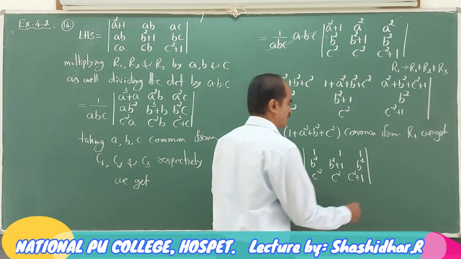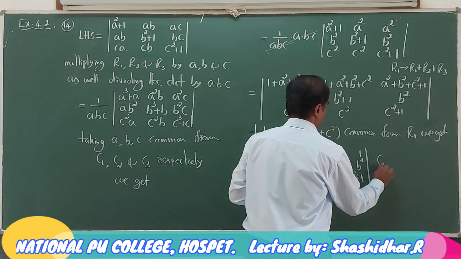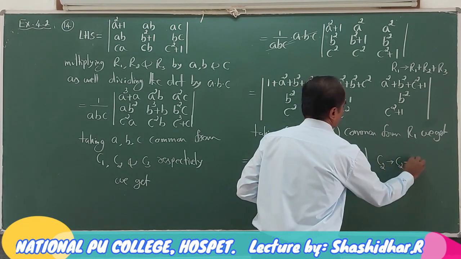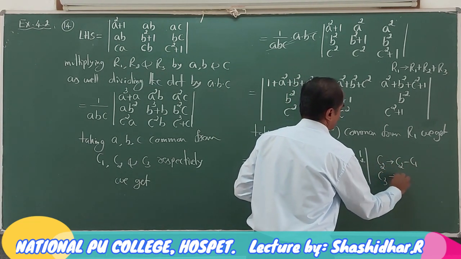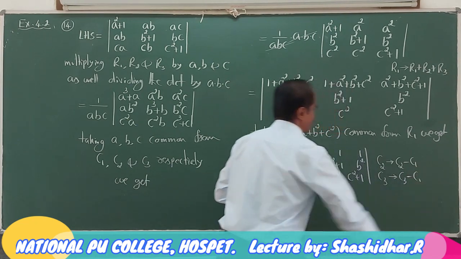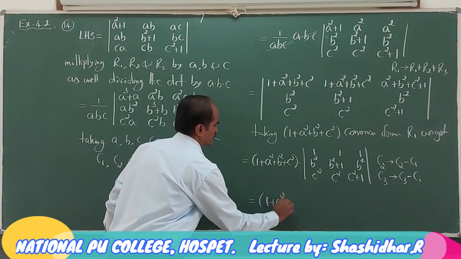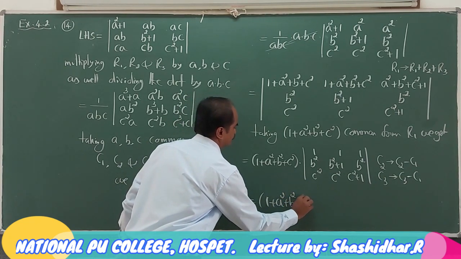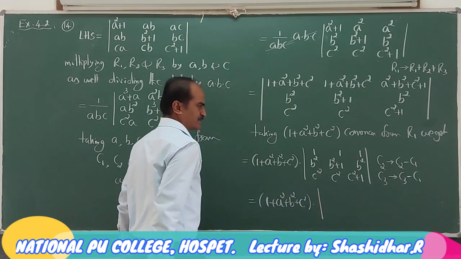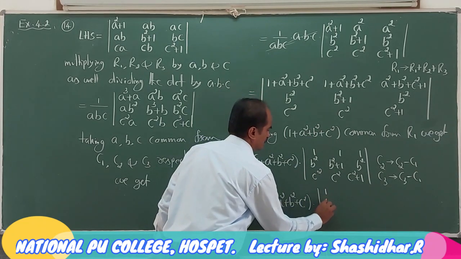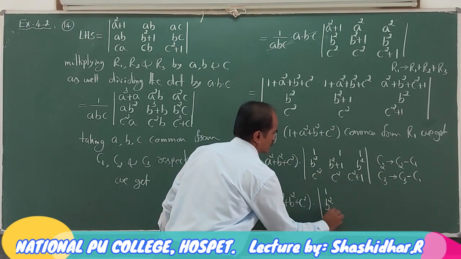So here the operations are C2 changes to C2 minus C1, C3 changes to C3 minus C1. Now 1 plus a square plus b square plus c square into the determinant. I am not changing the first column: 1, b square, c square.